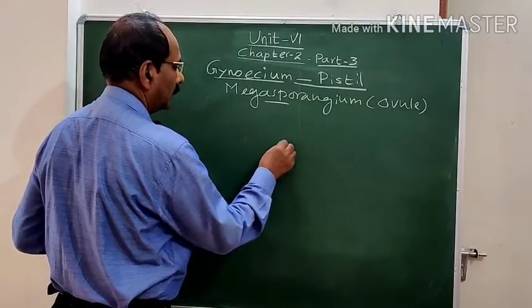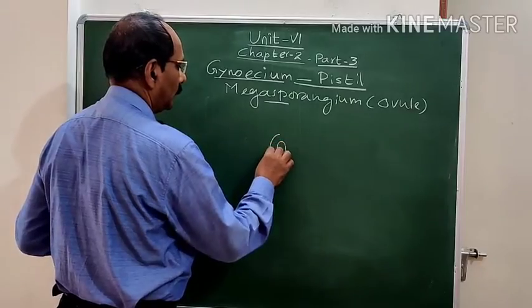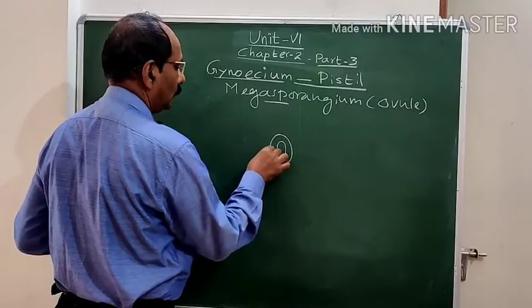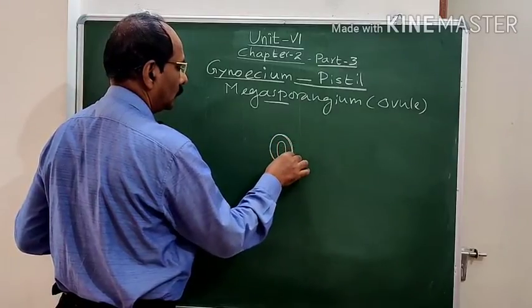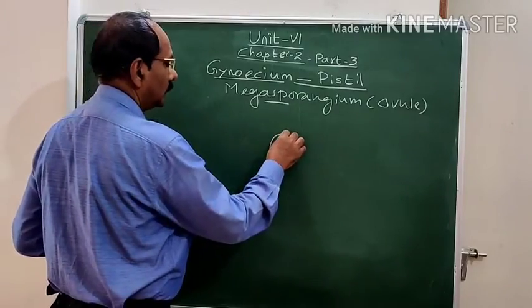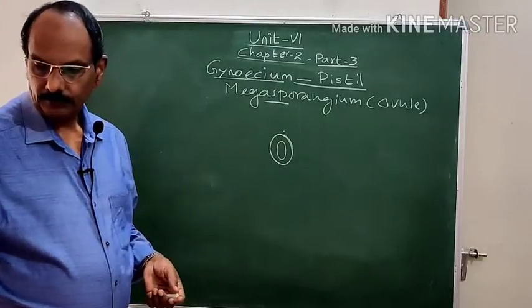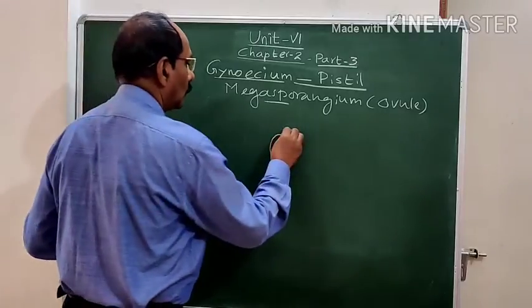This is the embryo sac, and outside the embryo sac you can see a nucellus, a mass of diploid tissue, that is known as the nucellus. And this nucellus is enclosed by two layers. It is enclosed by two coats.